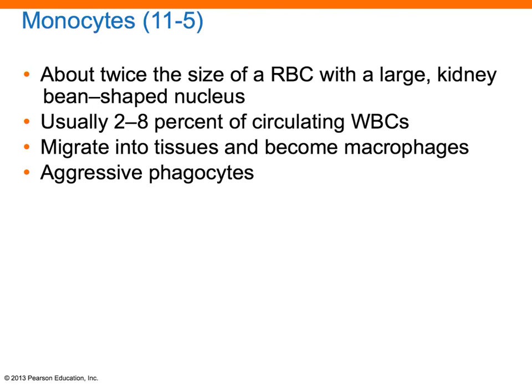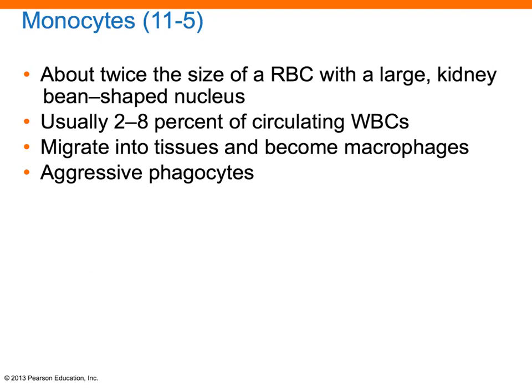Now, the agranular leukocytes, the agranular sites, are the lymphocytes and monocytes. We're going to talk about the monocytes first. The monocytes are about twice the size of a red blood cell, and they have a kidney bean type shaped nucleus.